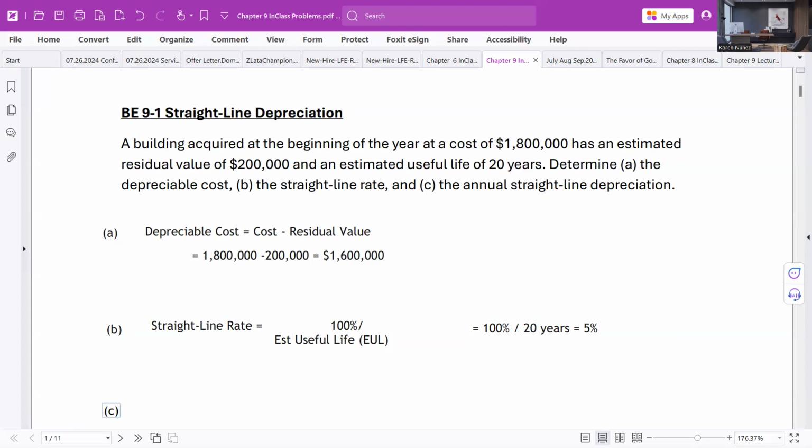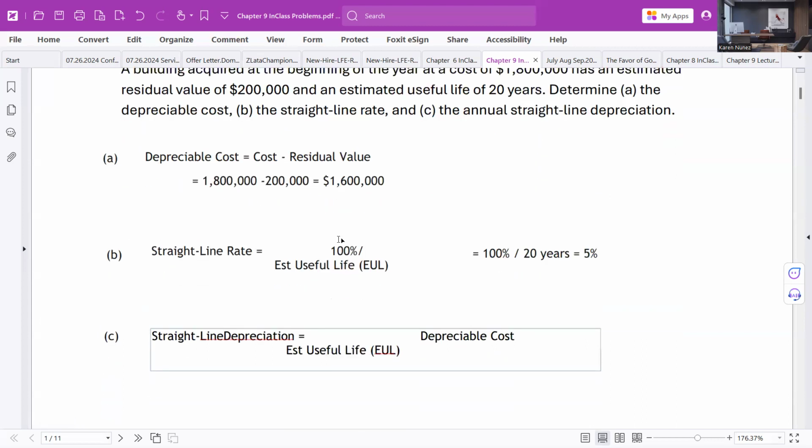For the straight line depreciation, we're going to use the first number we calculated, the depreciable cost, and spread it over the estimated useful life.